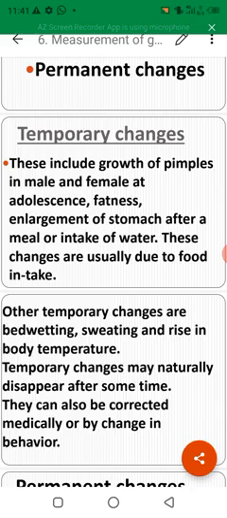These changes are usually due to food intake. At the starting stage of adolescence, pimples will be coming out on their faces. They are temporary. When they eat or drink water, their stomach will come out and people say you are having a pot belly. No, those are temporary. Before you can have a pot belly, you become an adult.